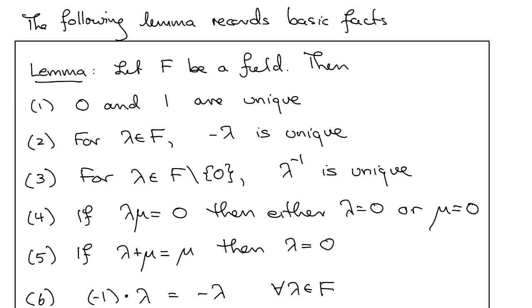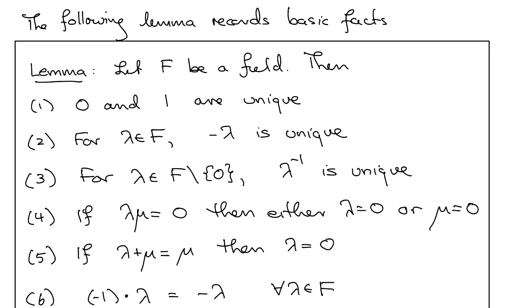In reality, you will get more comfortable working with fields, just like we do with the reals, complexes, and rationals, and manipulate symbols without being such a stickler for all the details. But this is really the one lemma where we're going to be super pedantic about using the field axioms to prove some other basic properties of fields which follow from those axioms.